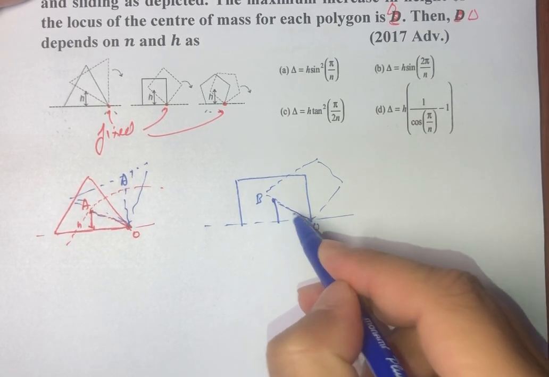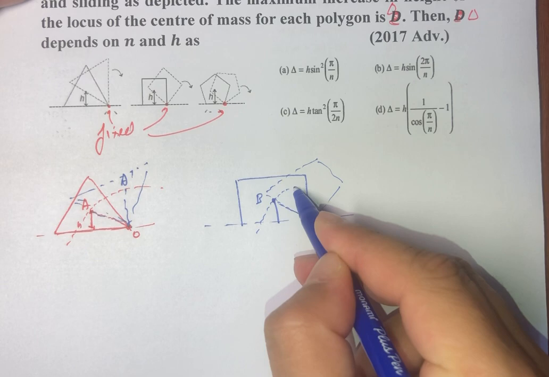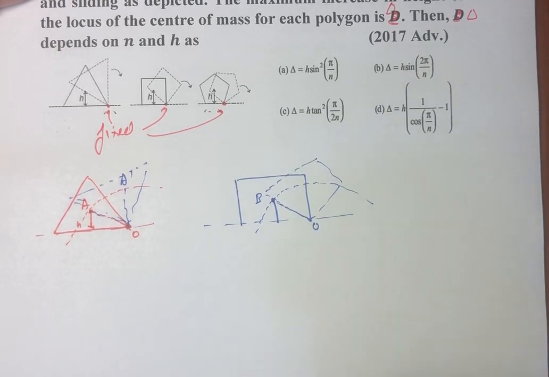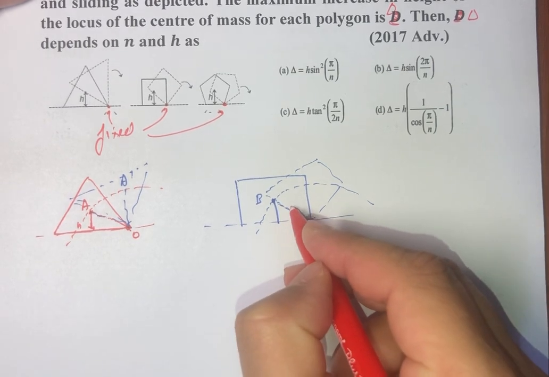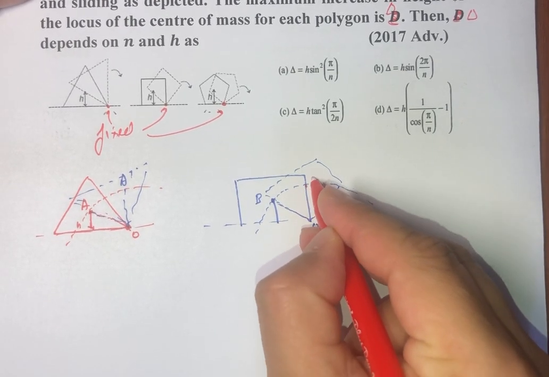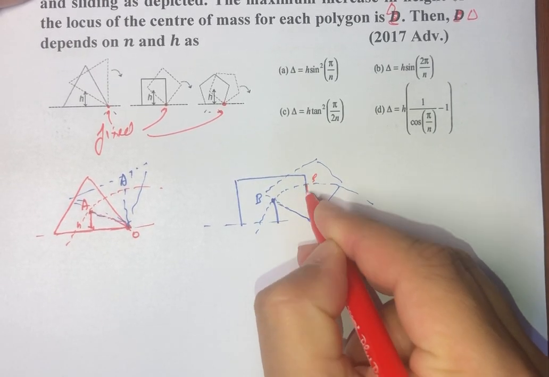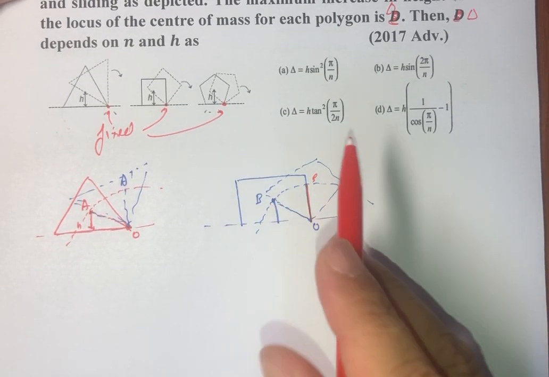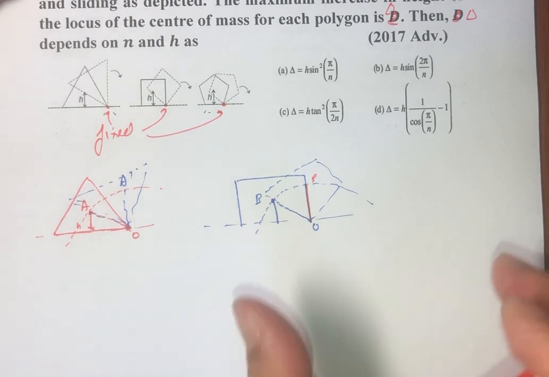This will form the radius. So the maximum height, once again, is point B prime, which will be the maximum height of the center of mass as it rotates.